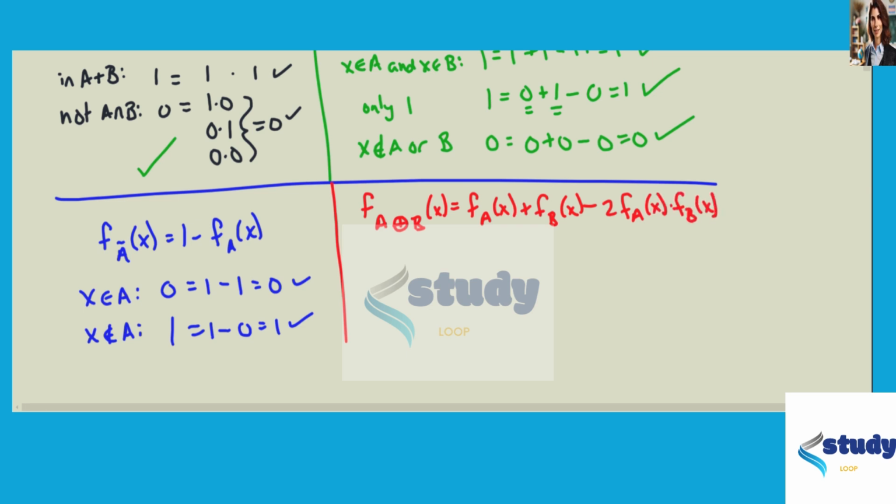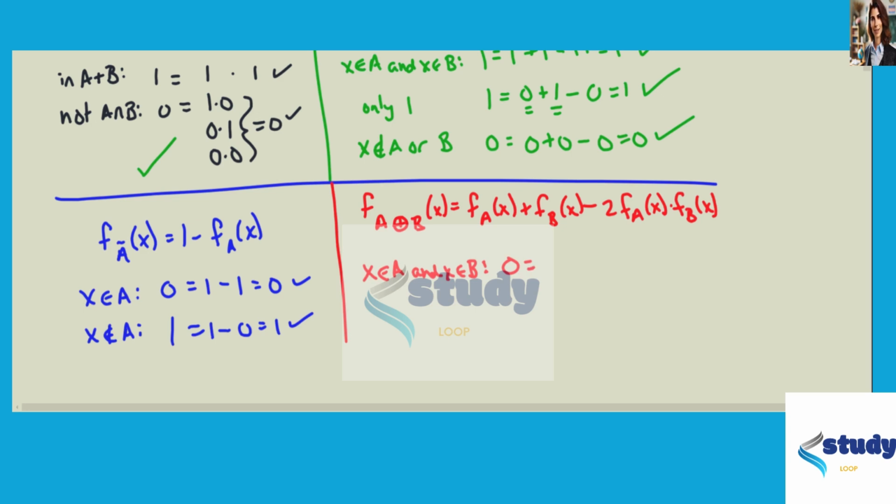Let's take a look at three different cases. Let's say x is an element of both. It's in A and B. Well, this is an exclusive OR. So if it's in both, I want this to give me a value of 0. Remember, exclusive OR means one or the other, but not both.